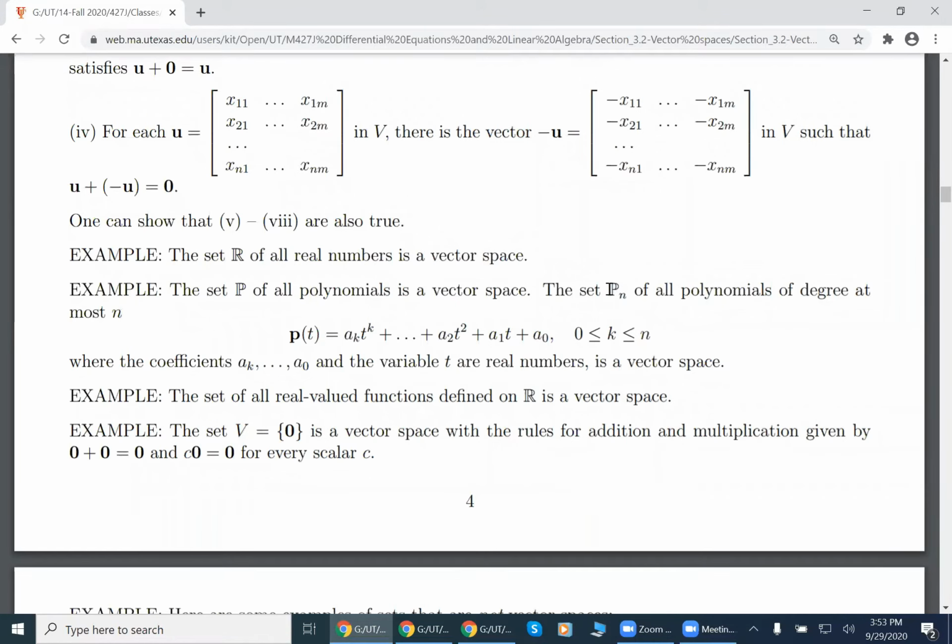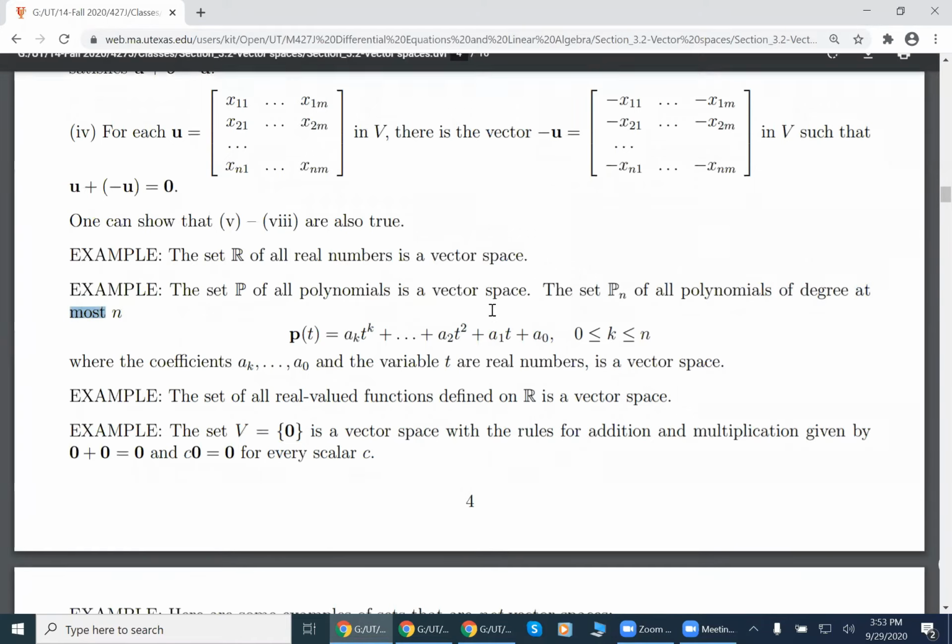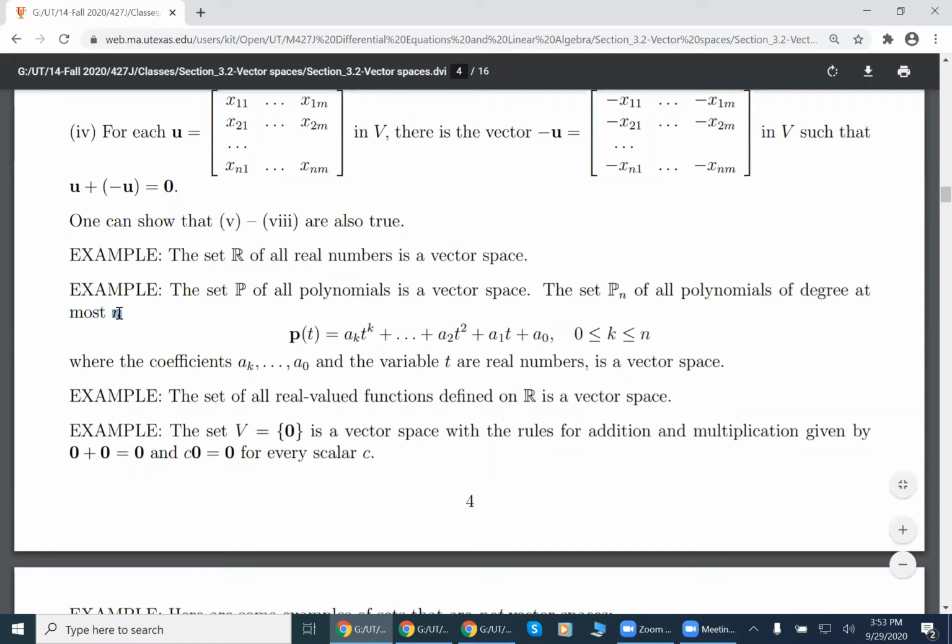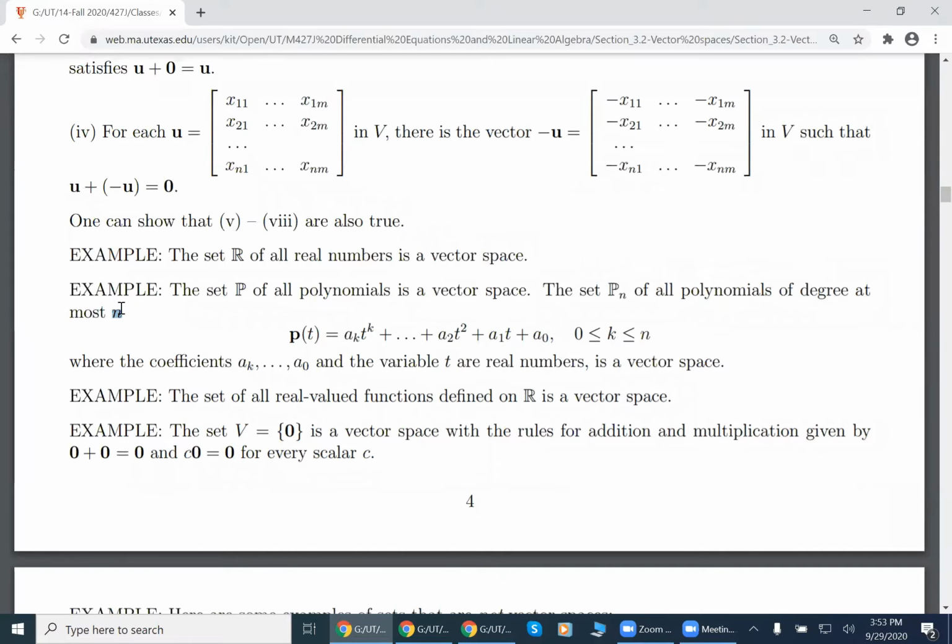However, if instead of Pn you consider the set of all polynomials of degree n, if n is greater than 0, this is not a vector space. Simple example.